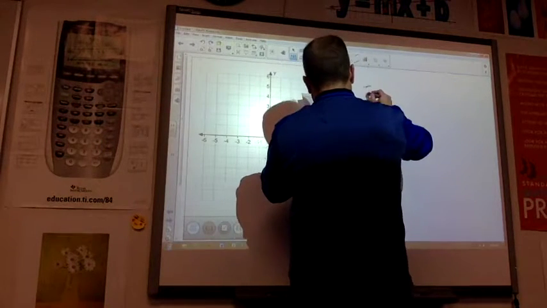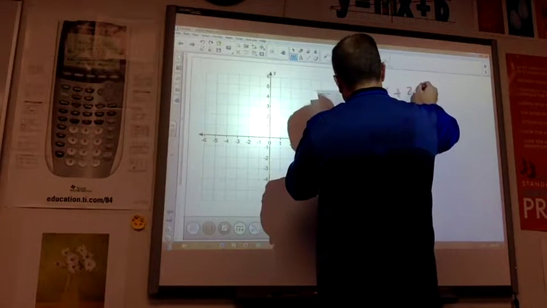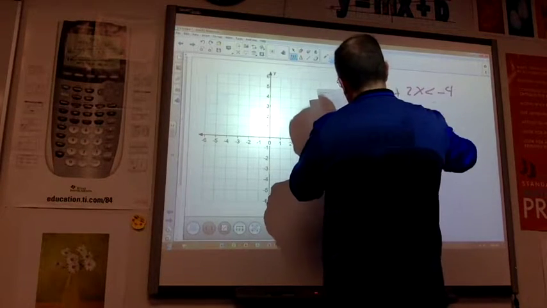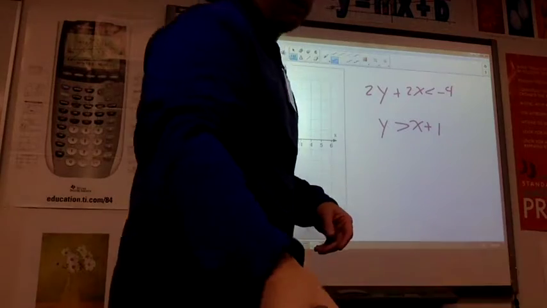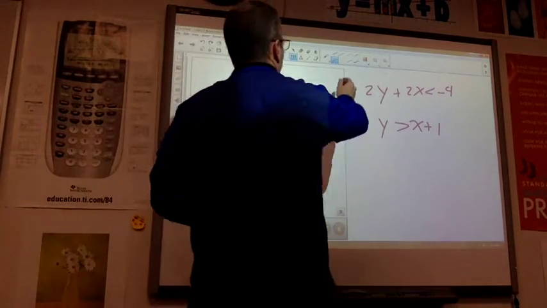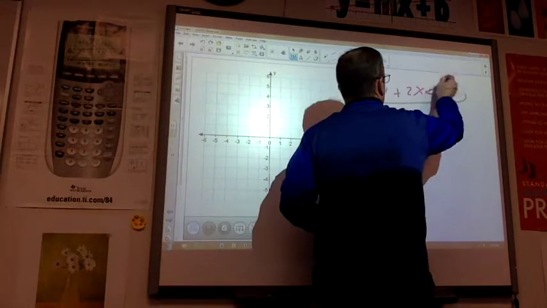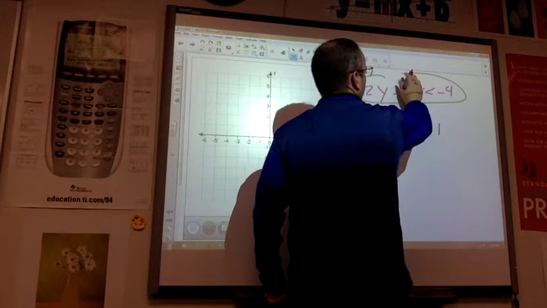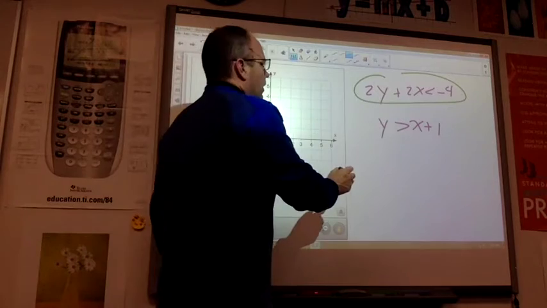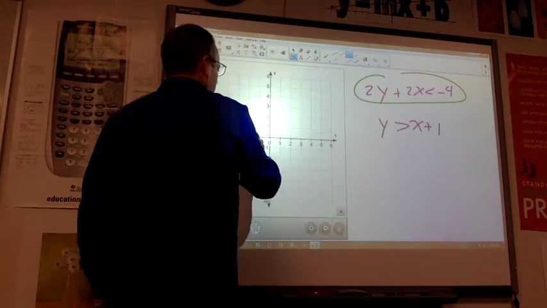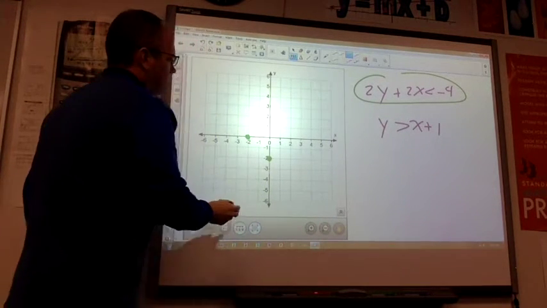Number 20 looks like this. Okay, so I can do this one using cover method. So 2 times what number gives me negative 4? That would be negative 2 in the y direction, and a negative 2 in the x direction. Solid or dotted? Dotted.